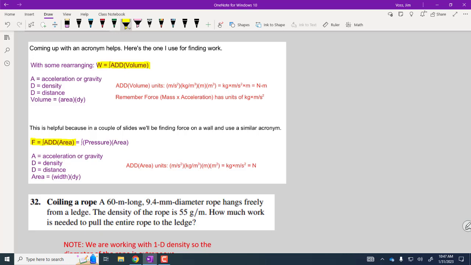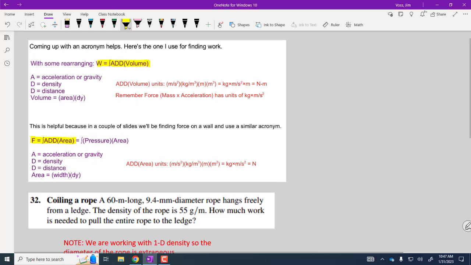Work is force times distance. Area multiplied by distance will get us back to volume. So if we're trying to find work, it's going to be ADD volume. If we want force, we're going to take away one unit of length to change volume to area, and then that's going to give us force instead of work. But we'll talk about the details of that as we get into it.